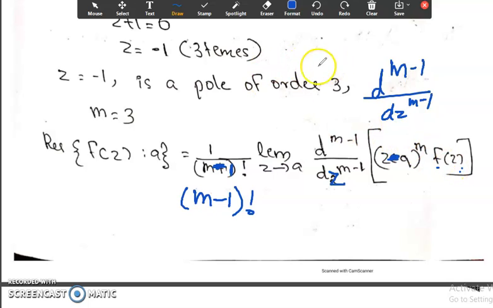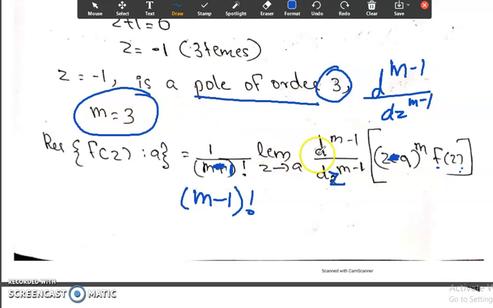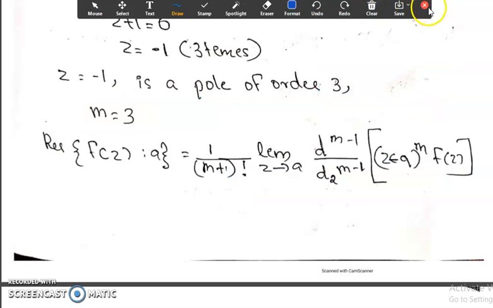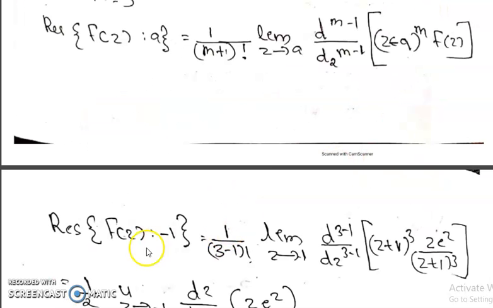Now we know what the m value is. m is 3 because the pole is of order 3. So instead of m we can substitute 3 in the next step. So m is 3 and a is -1, so z tends to -1.